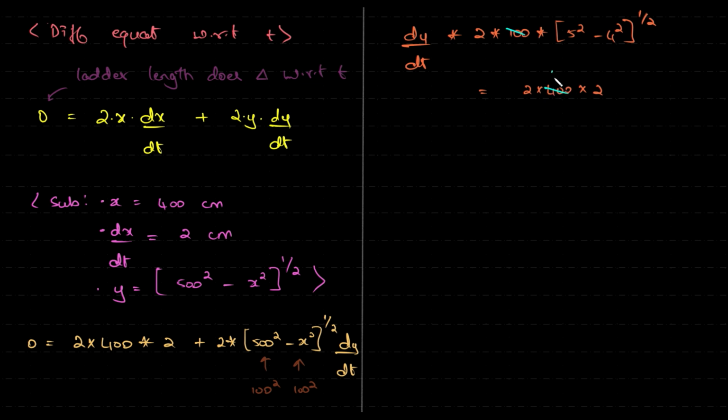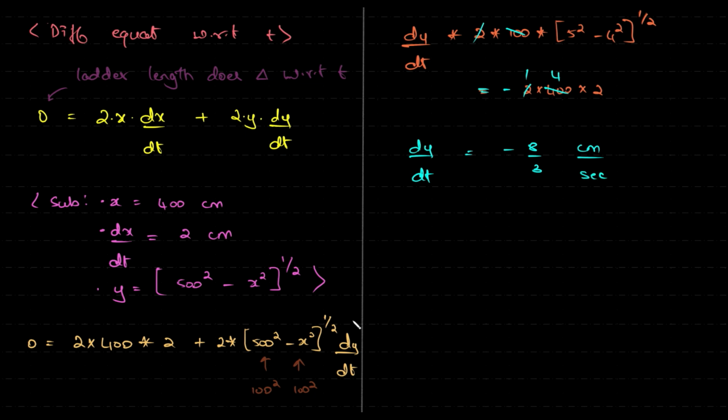So this will be 4 into 1 into 8, and this will be the square root of 25 minus 16, which is 9, so 3. And by the way, this is negative, because I transposed this term, and this is 8 basically. So dy by dt is minus 8 by 3 centimeters per second.